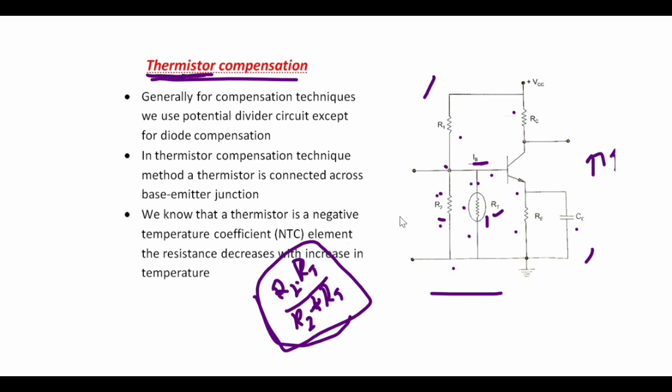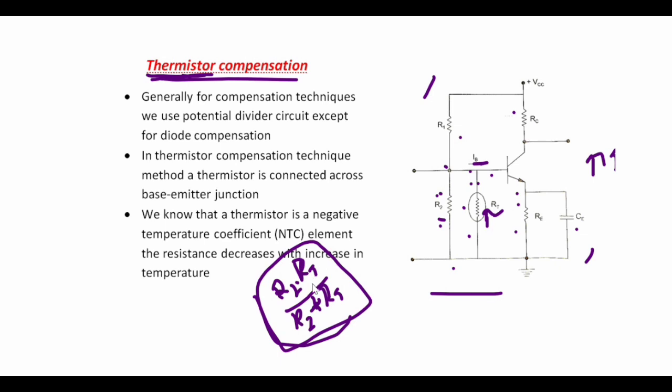Now in the thermistor compensation technique, the thermistor is connected between base and emitter across the R2 resistor, and the equivalent resistance is R2 into RT by R2 plus RT. If the temperature increases, the RT value decreases, that is, it is a negative coefficient.